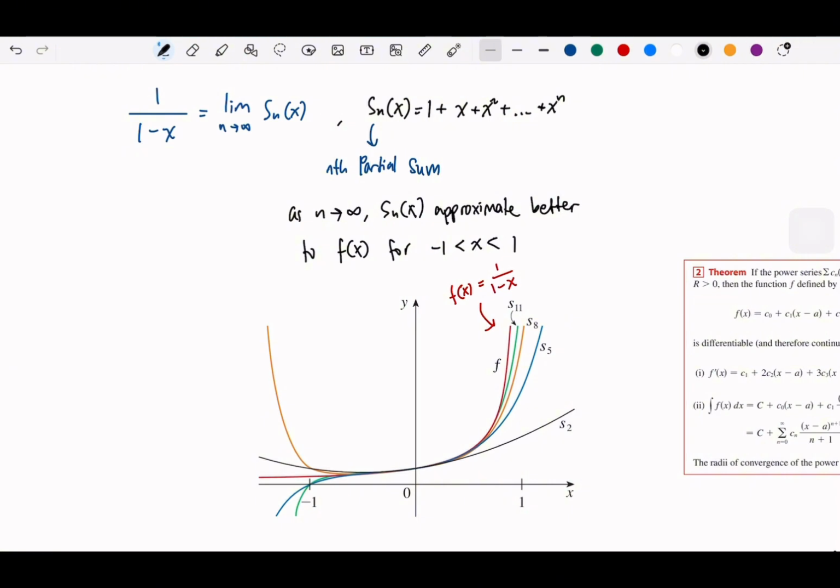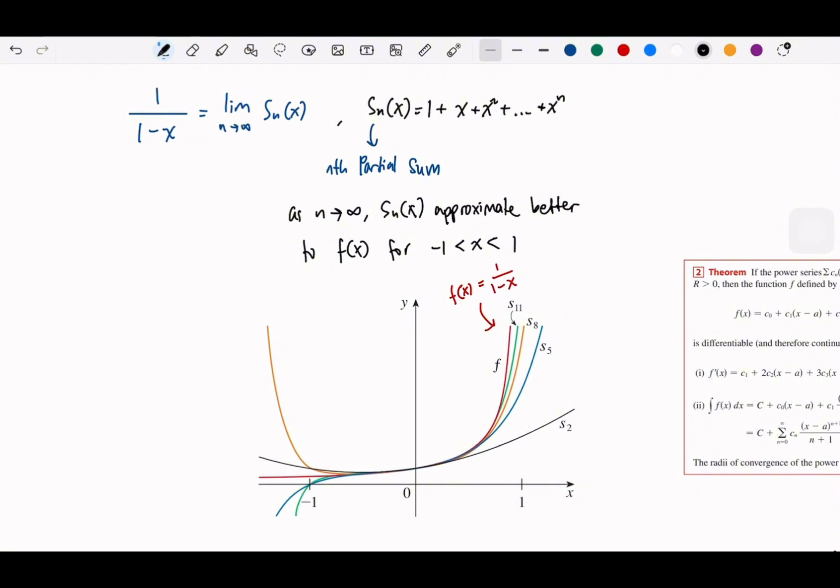Then we have S2, which is the quadratic function, this one. And then we increase, it becomes cubic, S3, maybe here, and then S4, and then S5, like that.